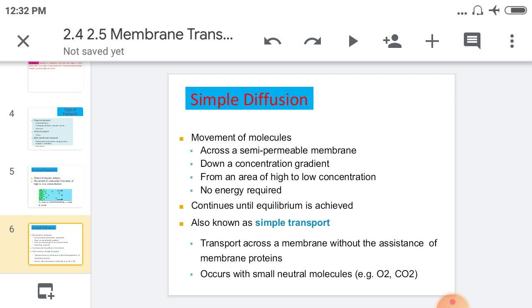According to some workers, simple diffusion is not so effective because it is a very slow process and takes much time. It also means movement of molecule across a semi-permeable membrane, down a concentration gradient, from an area of high to low concentration, no energy required. These are all the points about simple diffusion.